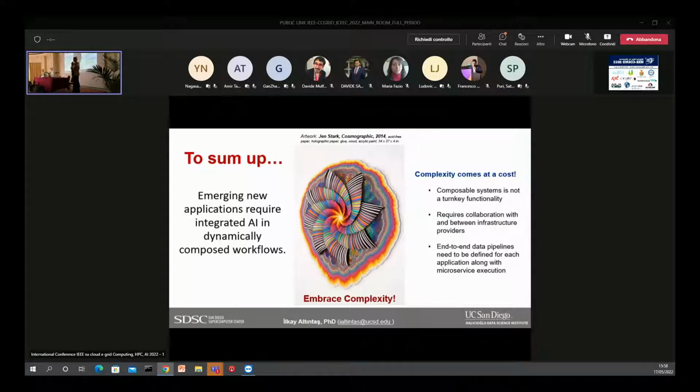Let's embrace that complexity if you're going to talk about AI. And let's work with data experts, computer experts, scientists, users all together to really distill that value that we are getting from AI in the context of the applications at the scientific and societal scale. And when you do that, it becomes really an interesting educational opportunity for student training as well. That's for another talk.